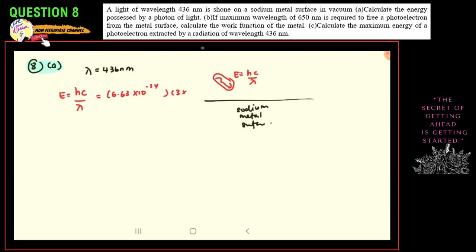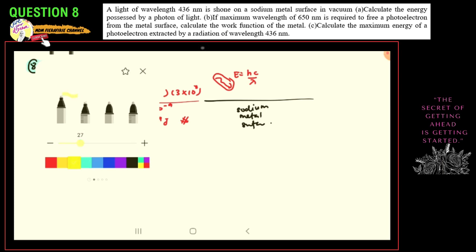C exponent 8, and given that lambda is 436 nanometer. So the energy possessed by a photon is equal to 4.56 exponent negative 19 joule. Okay, so this is the answer.